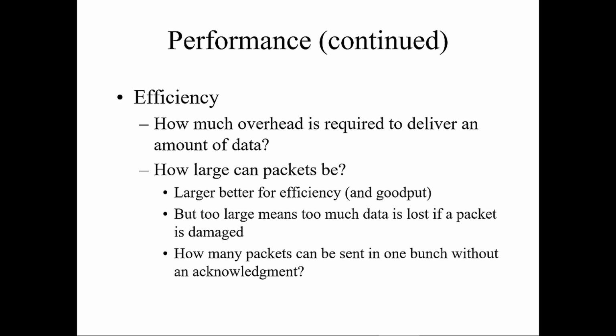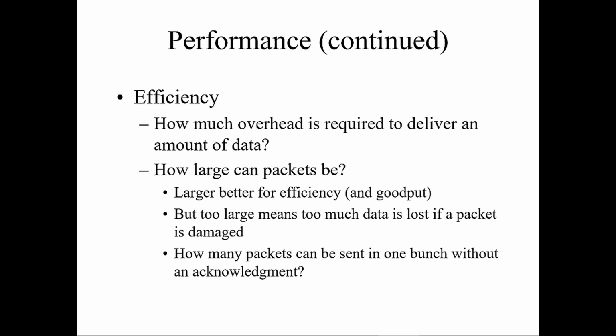Performance or efficiency. How much overhead is required to deliver a specific amount of data? How large should a packet be? How large can it be? How large could it be before there could be data loss?